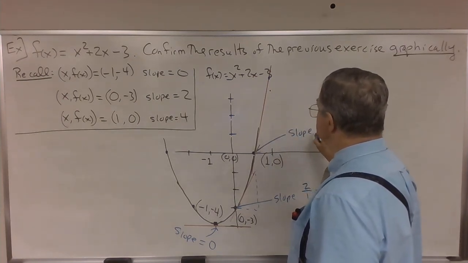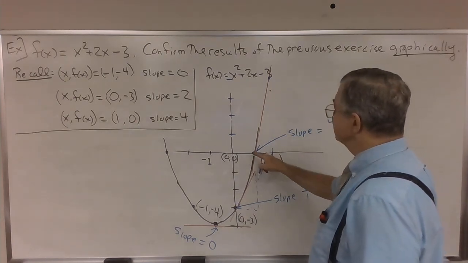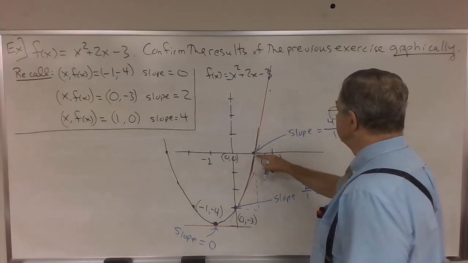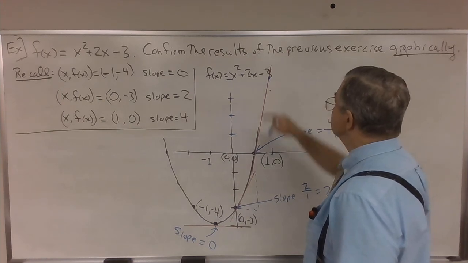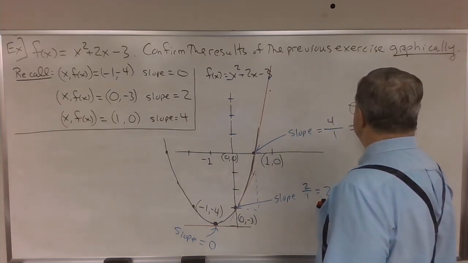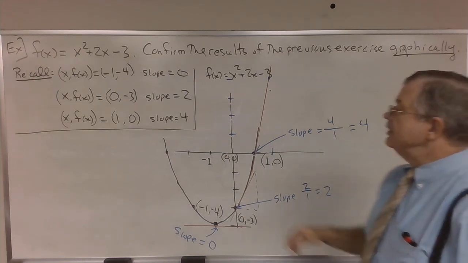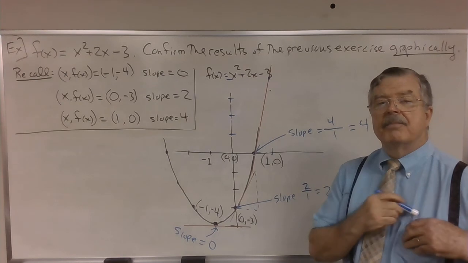So the slope is 4 units up over 1 unit. So the slope is 4. Exactly what the derivative said we should get for a slope.